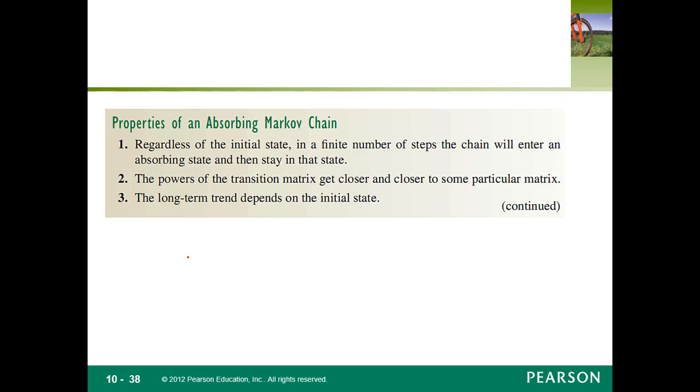So notice that this is different than before in the regular Markov chain, where we said the long-term trend is independent of the initial state. Now, if it's an absorbing Markov chain, then it is dependent on the initial state. So the initial state will affect the long-term trend, or what the V matrix will be. Okay.